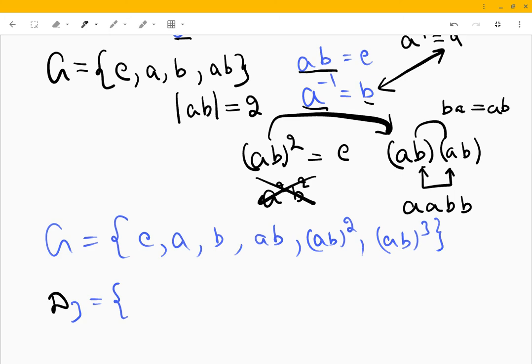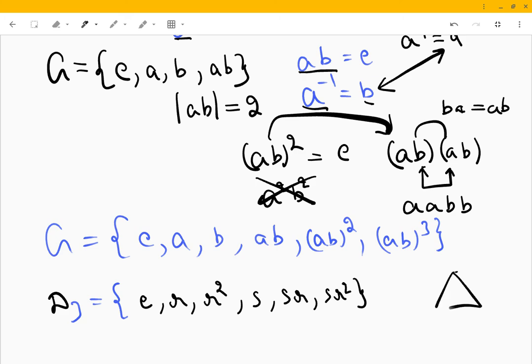Why not? D3: E, R, R square, R cube is E, then S, SR, SR square.